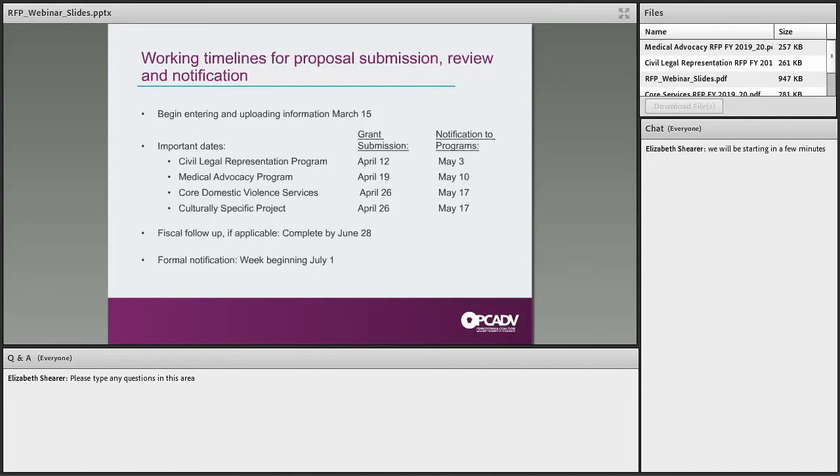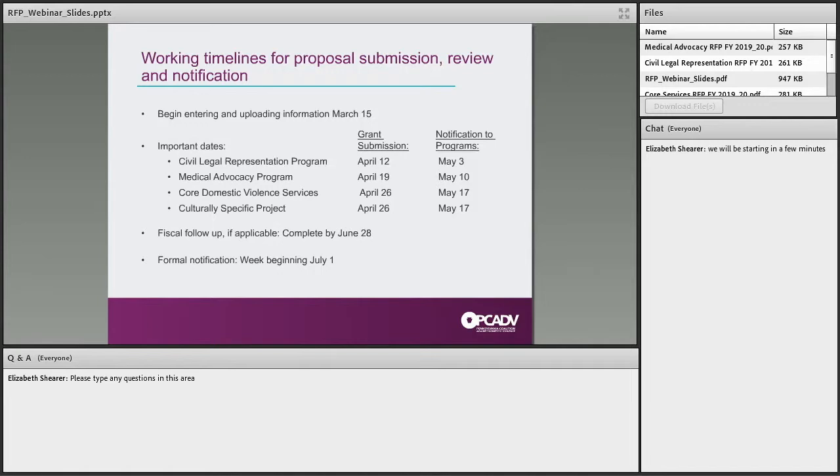For both the core domestic violence services and the culturally specific project, the grant submission date is April 26th, and that is because the core is most folks who are going to be applying. That review period ends May 17th. We realize that there may be some additional follow-up required, and our fiscal folks will be reviewing your budget documents at the same time the independent review committee is reviewing both your budget and your programmatic documents.